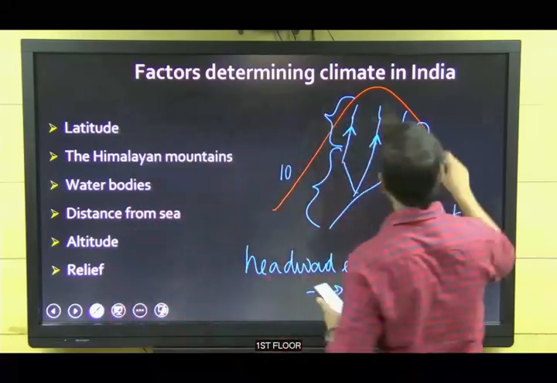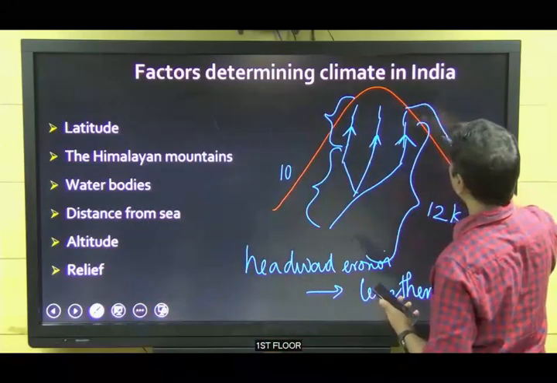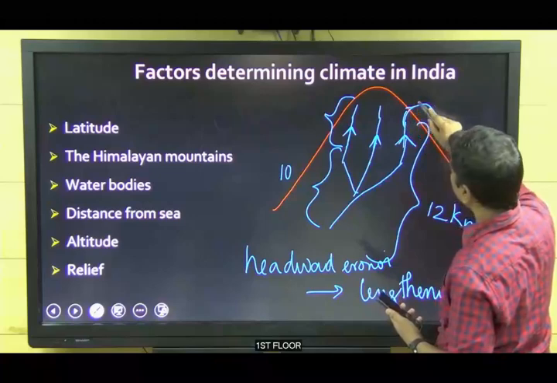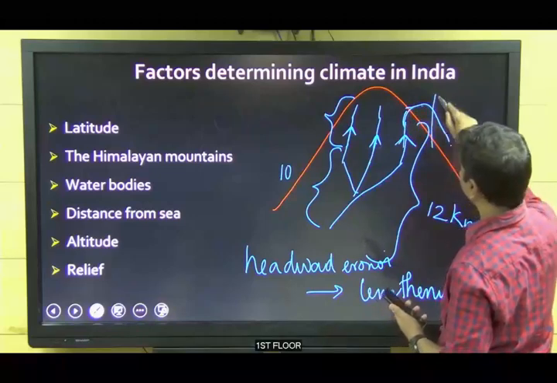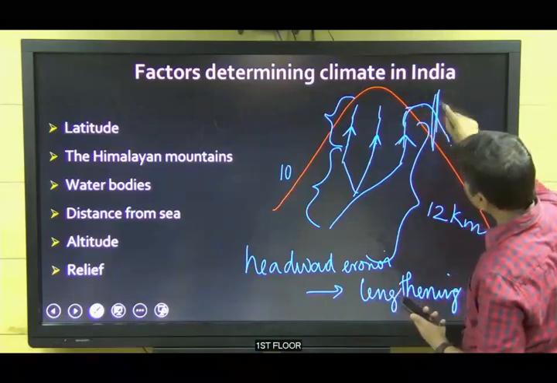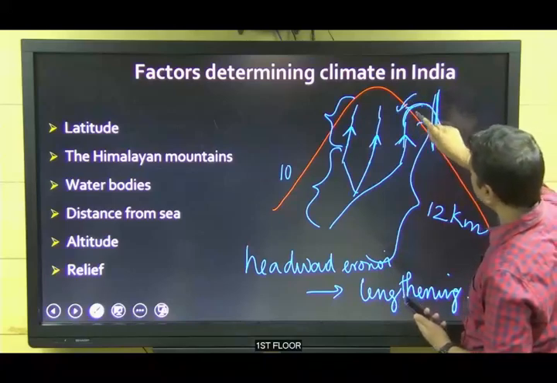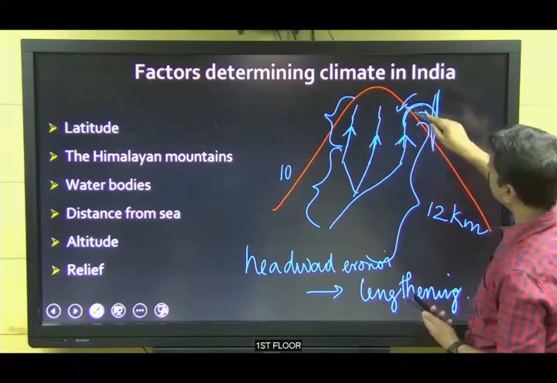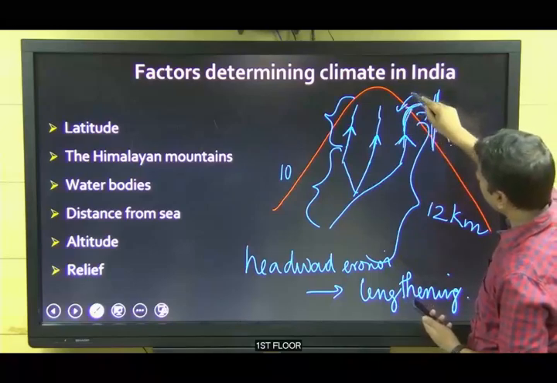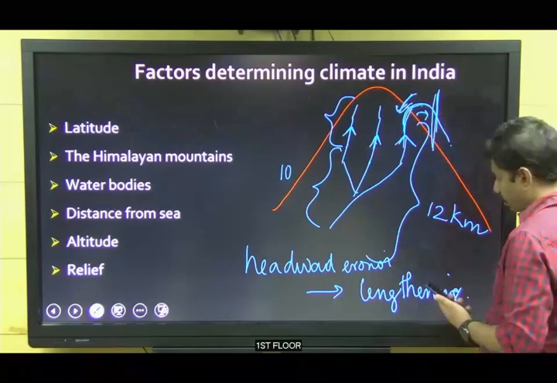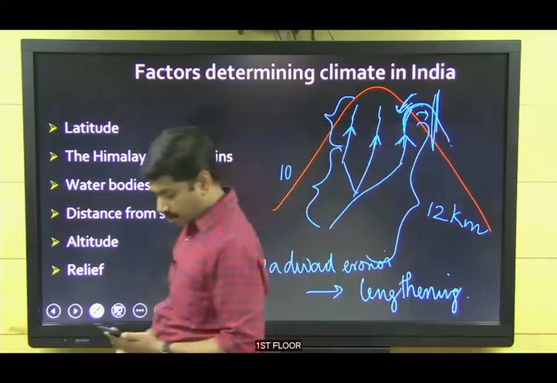So in the meantime, if any other river is flowing here, there is a possibility that that river will be captured. Captured means instead of flowing that side, it will come and join this side. Earlier the direction of flow might have been like this. Now since it has been captured, it will come to this side. That is river capturing.